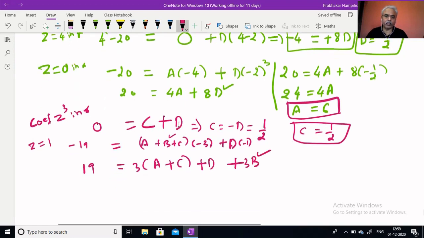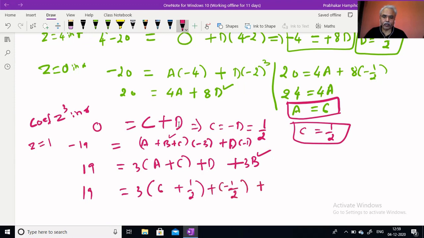If I substitute a, c, d values, so 19 equal to a is 6, c is plus half, d is minus half, plus 3b as it is. Now minus half, if I transfer to the left hand side, 19 plus half becomes 3 times 13 by 2 plus 3b as it is.